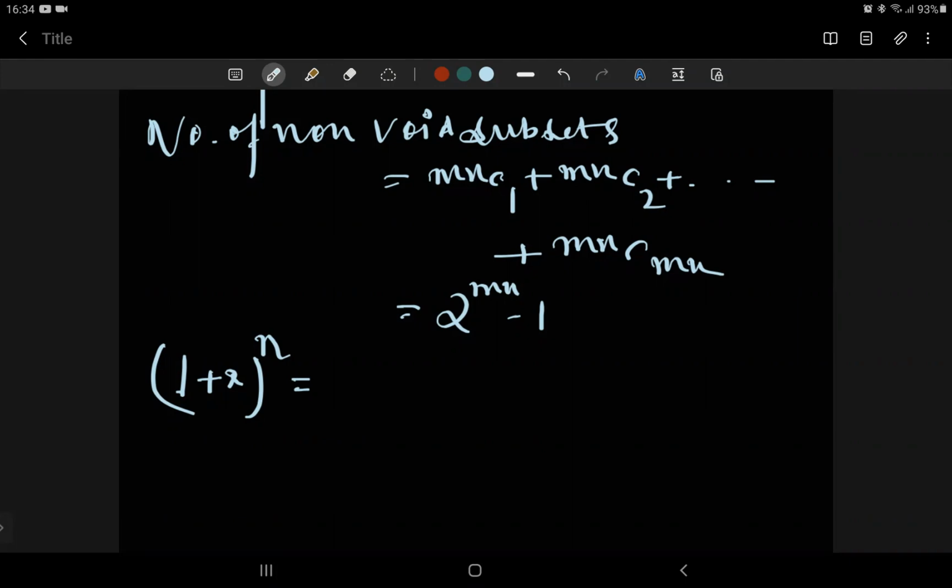So sir, if we put x equal to 1, then the RHS would become nc0 plus nc1 plus nc2 plus dot dot dot till ncn, and on the LHS we would get 1 plus 1 whole to the power n, which is 2 to the power n. So sir, we can say that 2 to the power n is equal to nc0 plus nc1 plus nc2 plus dot dot dot ncn, and nc0 we know is 1. So if we take 1 to the other side, we will get 2 to the power n minus 1 is equal to nc1 plus nc2 plus dot dot dot ncn.